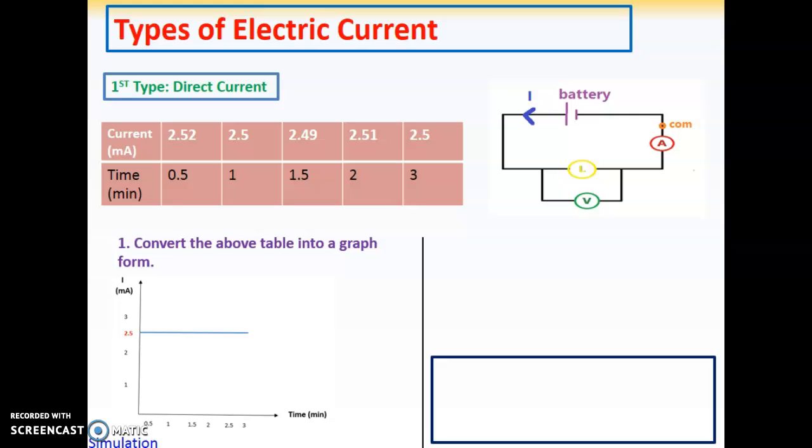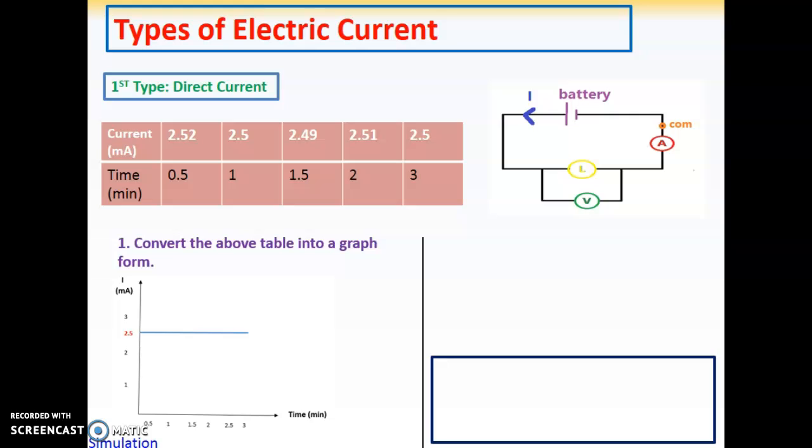This difference is normal because we have some error that takes place in an experiment. Now we can consider this to be theoretically equal. We can consider theoretically that the current here is remaining constant because it's fluctuating nearly above 2.5 or nearly below it. So approximately it's 2.5.